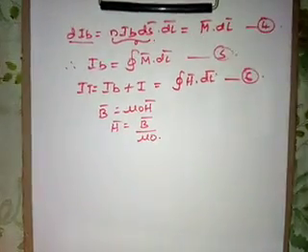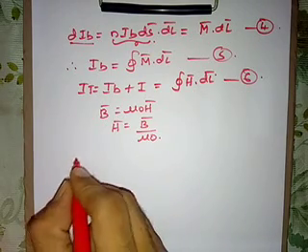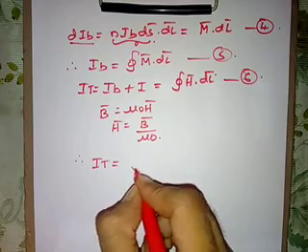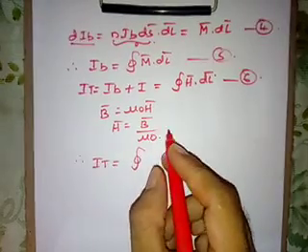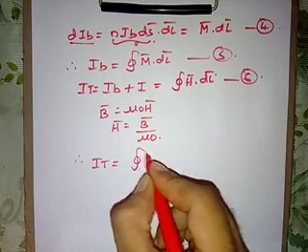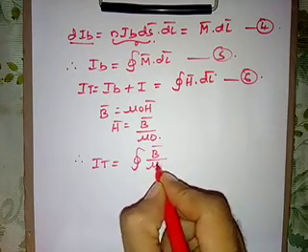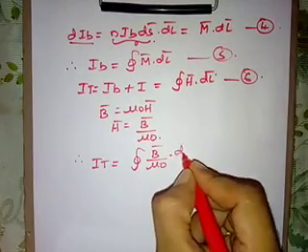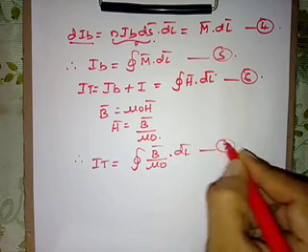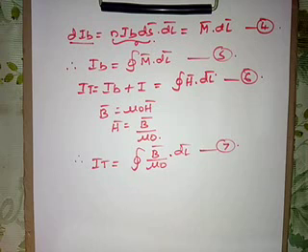Therefore the total current IT will be equal to the closed integral of B bar divided by mu naught dot dl bar, right? So take it as equation 7.